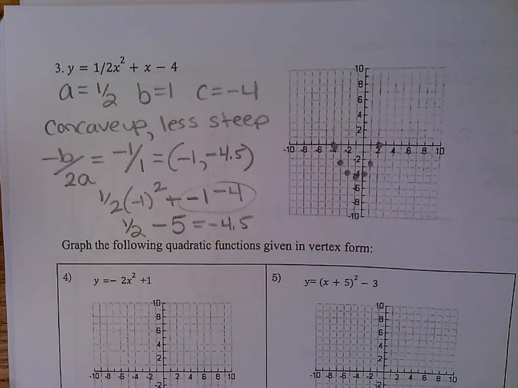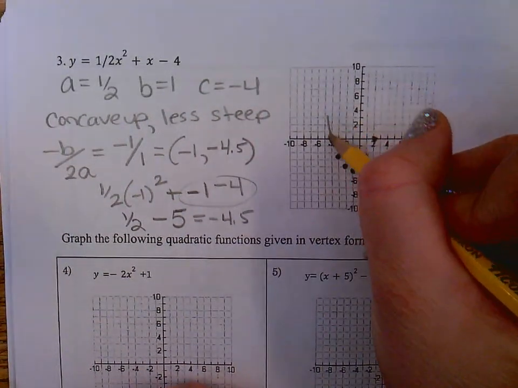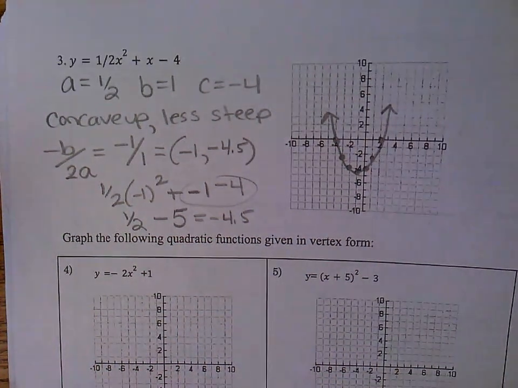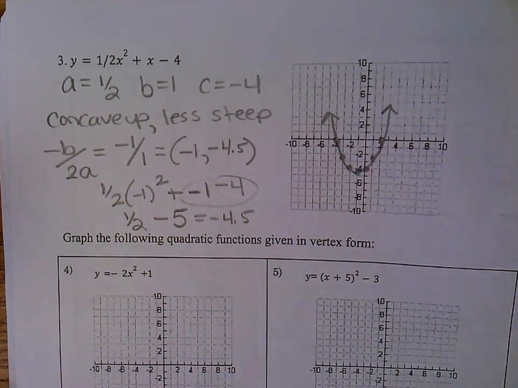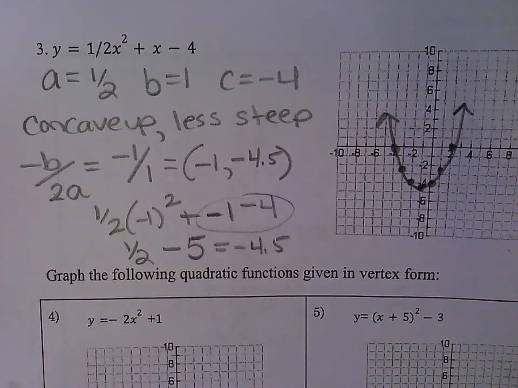Over 3 up 4 1/2. So the reason this one was kind of tricky was because even though your vertex was on a half bar, it ended up giving you a couple x-intercepts that were right on the x-axis.